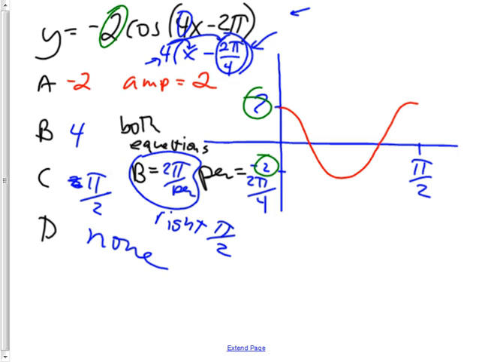Did I actually do the negative yet? No, I didn't. If you forgot that, it's easy to forget. Got to go back and check your equation to make sure you did everything that was changed. That negative, even though it's not part of the amplitude, is part of the problem. And therefore, this thing needs to get shifted upside down. So it goes like this.